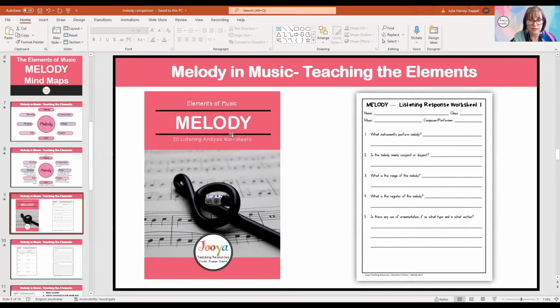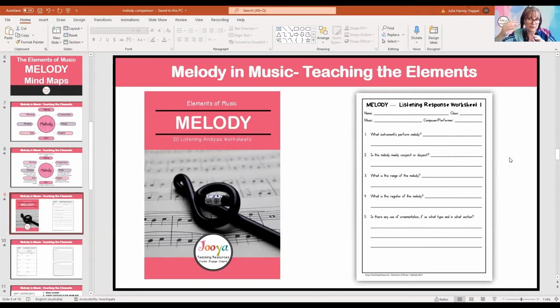So this is the resource. You can get this as part of the Elements of Music bundle, and there's lots of great things in there, but this is just the melody one. What I like about this bundle is that you can either differentiate if you've got kids at different abilities, or you can have all your class start at level 1, worksheet listening response 1.